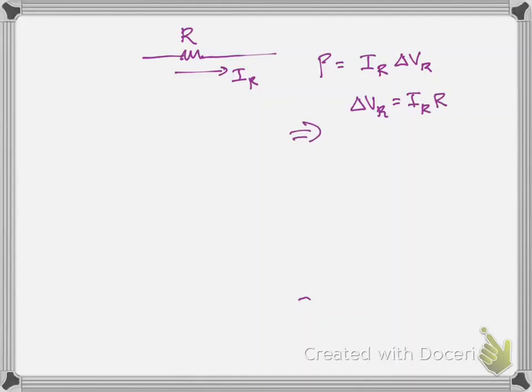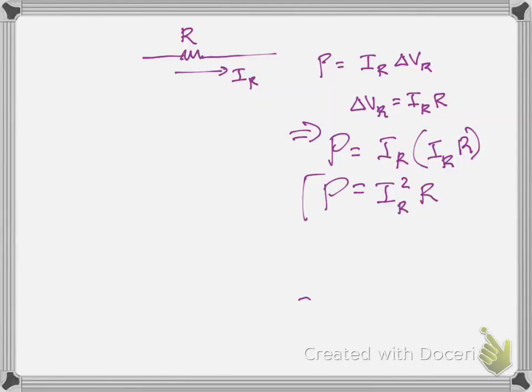If I've got a resistor attached to a circuit that's not shown, and that resistor has a resistance R and a current through it, I'll call that I sub R. Since the power is equal to the current through the resistor times the potential difference across the resistor, and we know the potential difference across the resistor is the current through the resistor times R, we can plug that in and say the power is the current through the resistor times the current through the resistor times R, so we've got I squared R. So the power used by a resistor is I squared R. It is also I delta V, but it's I squared R as well. We get to that using Ohm's law.